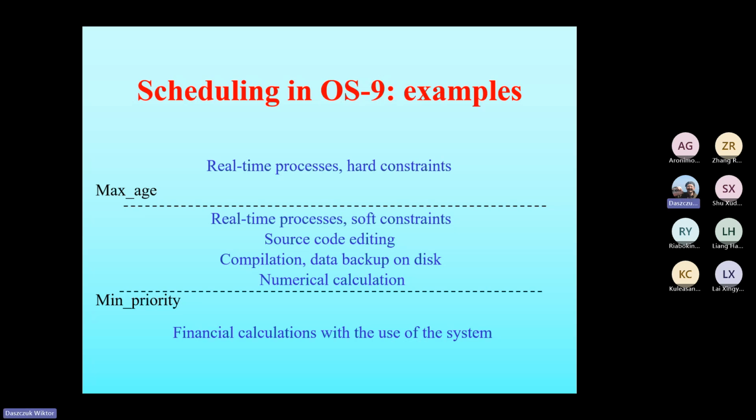Non-preemptive policy supports this decision because we do not waste time on context switching. A process which gets the processor uses this processor until it finishes.